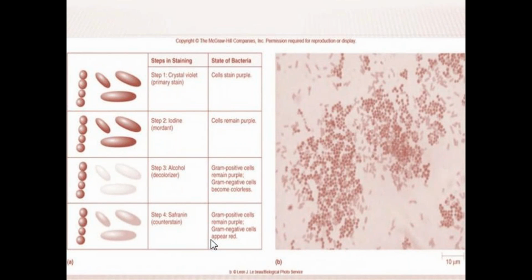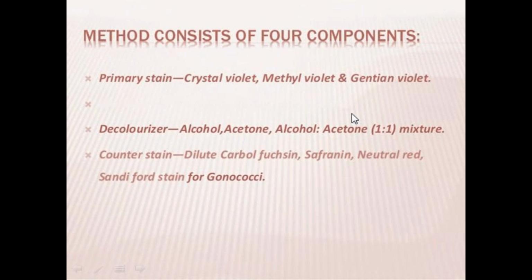These are the main staining steps involved in the visualization. Mainly the primary stain, and the mordant is also to be included here, then the decolorizer and the counter stain are to be added.